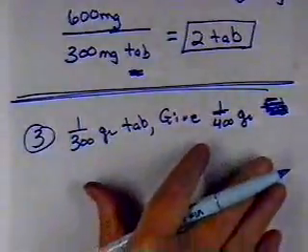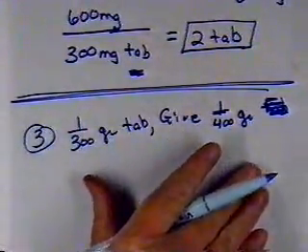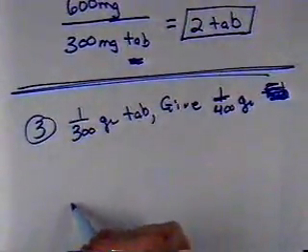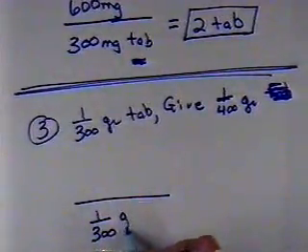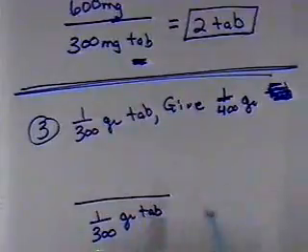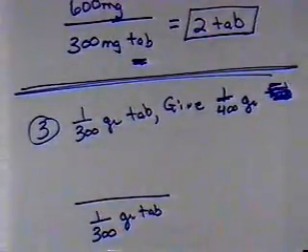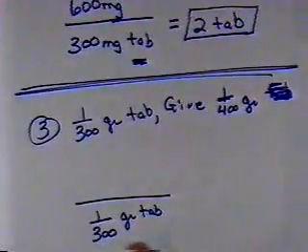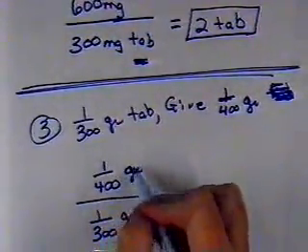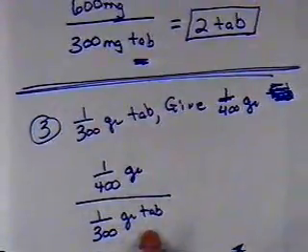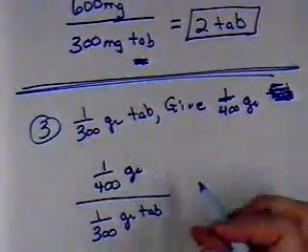So the labels are already the same. I have grains and grains. So we keep the word tablet on bottom. That's the reason I had to mark that tablet. You shouldn't have two tablets in the same problem. Keep the word tablet on bottom, and we're going to take 1/400th grain. My labels match, tablets on the bottom.